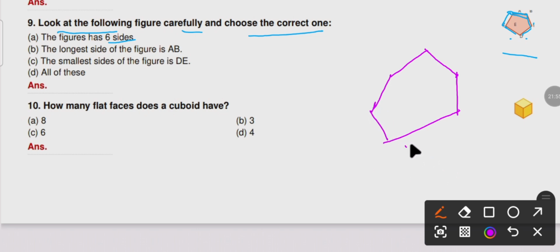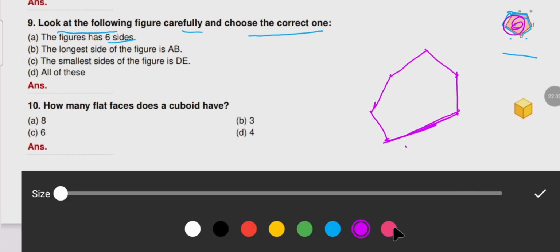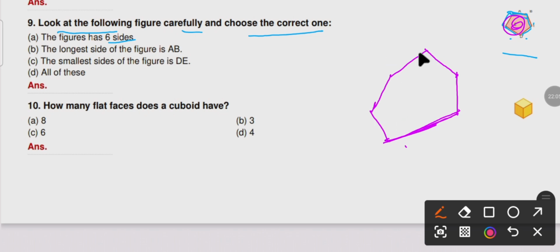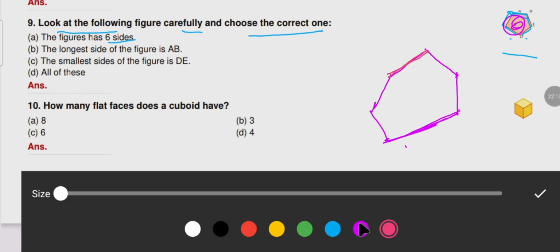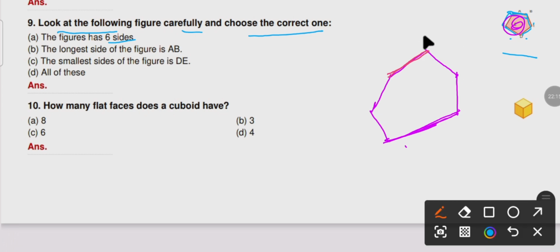Like in this way, not clearly, but this is the figure. This is actually not a right figure. So now let me give the names of these sides. This is D, this is C, B, A, F and E, okay.